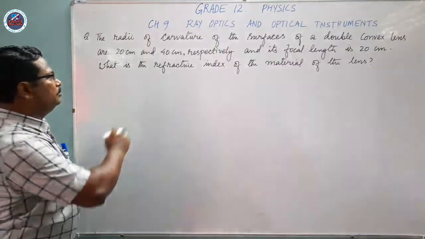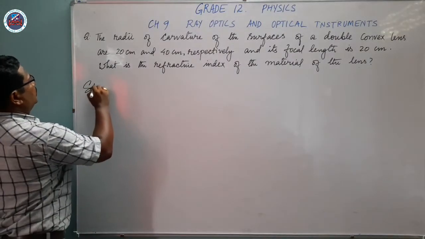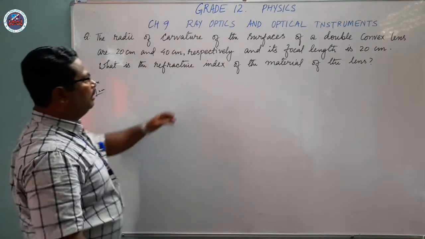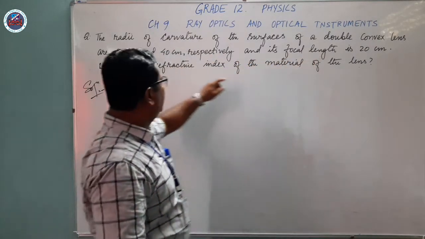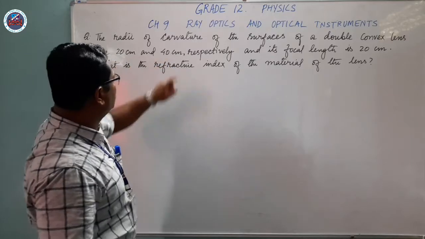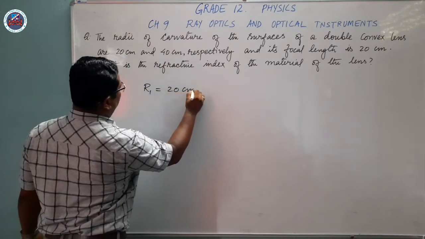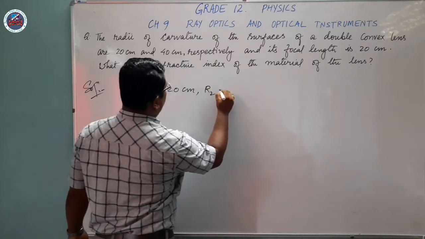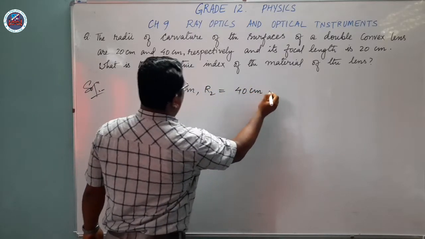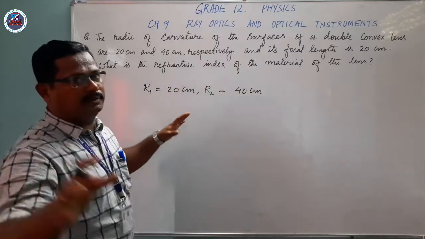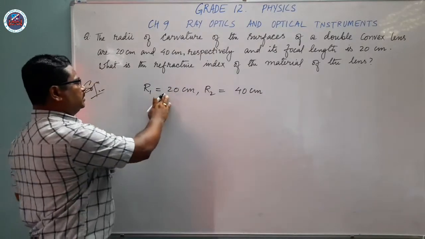Let us do this numerical and see. The radii of curvature of the surfaces of a double convex lens are 20 and 40 centimeter. The first radius of curvature is 20 centimeter and the second radius of curvature is 40 centimeter. While doing the Lensmakers formula, you have seen R1 is on the right hand side, so it is positive.